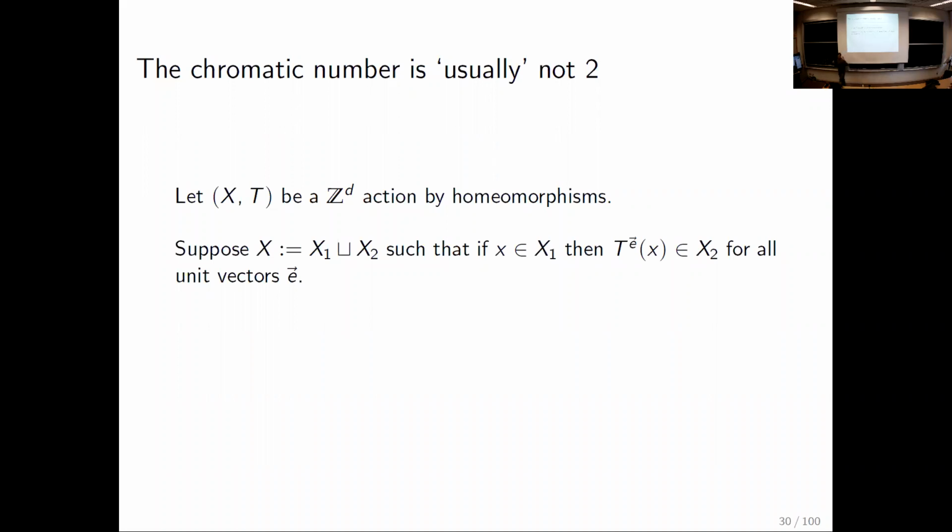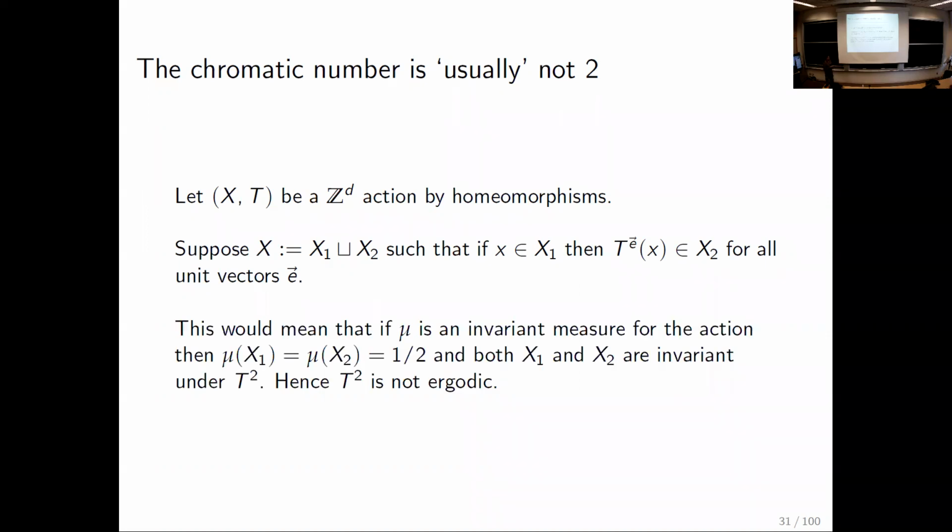The first part will be mapped to the first color, the second part to the second color. So in the language which I described earlier, if I have a point in the first part, then by any of the unit vectors I'll be mapped to the second part, and vice versa.